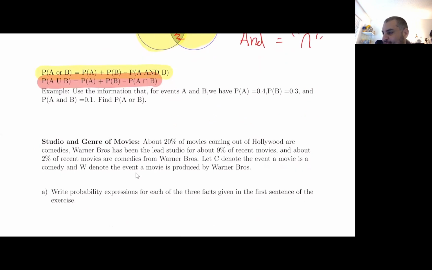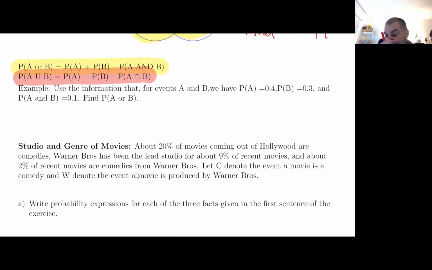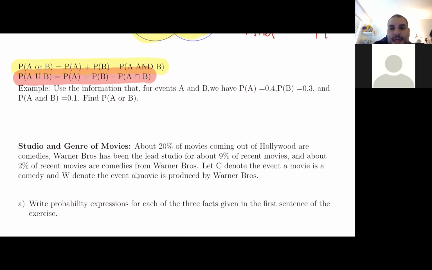This first problem should hopefully be simple. Use the information that for A and B, the probability of A is equal to 0.40, the probability of B is equal to 0.30, and the probability of A and B is equal to 0.10.